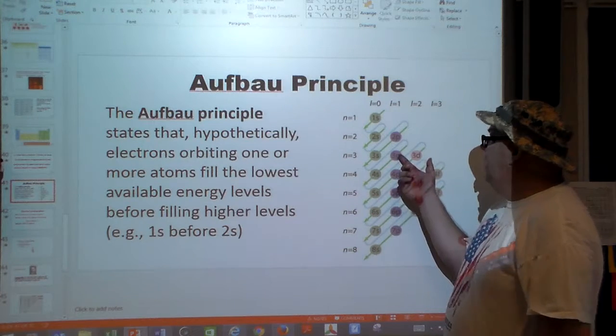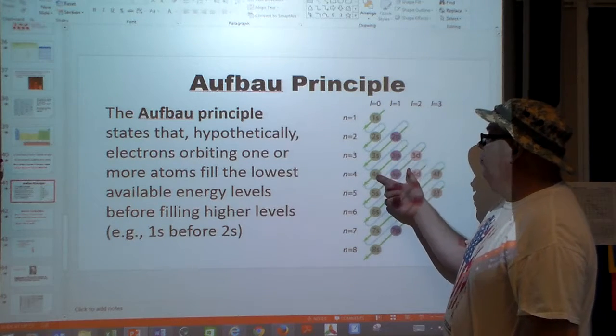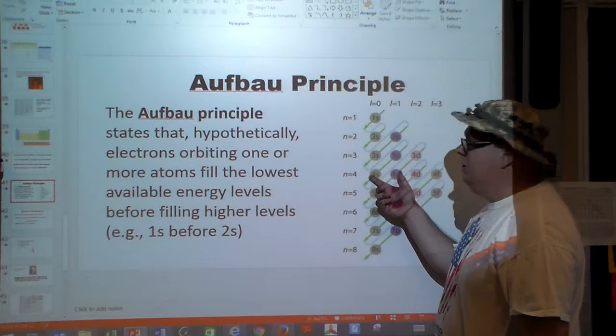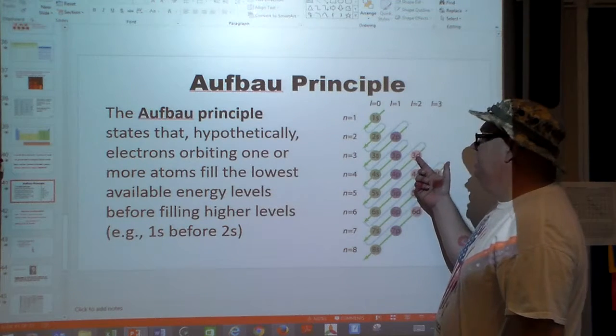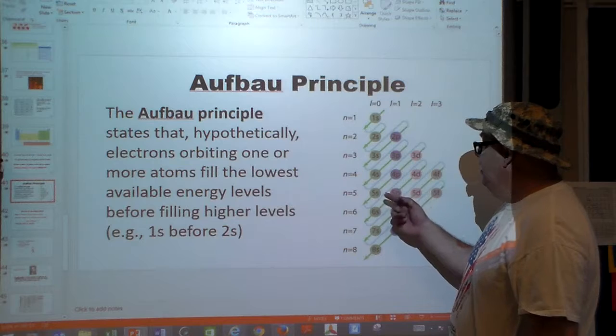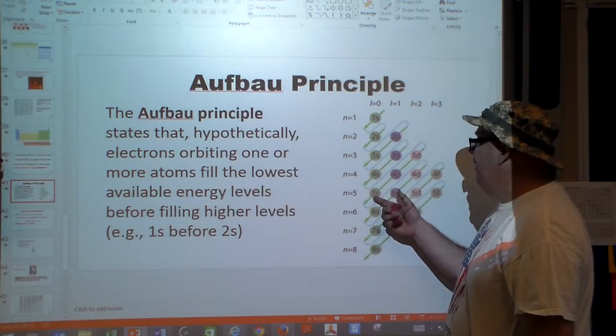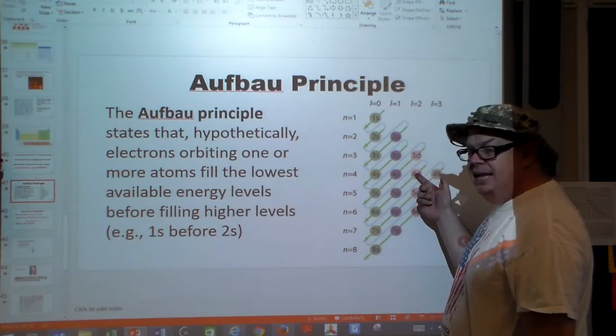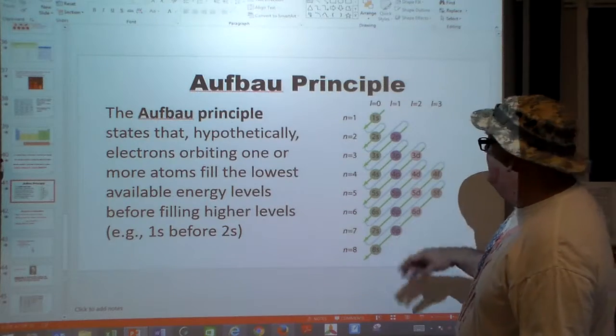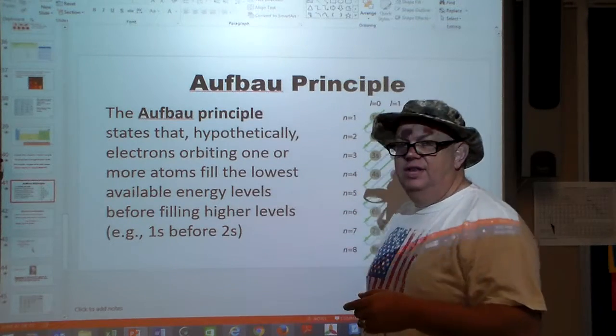And that's why when we say from 3p, 4s is easier for the electrons to go, and then we go to 3d, then 4p. Then notice we don't go to 5p, we go to 5s, then we go to 4d. So there's a lot of things that are involved here in terms of filling the thing up.